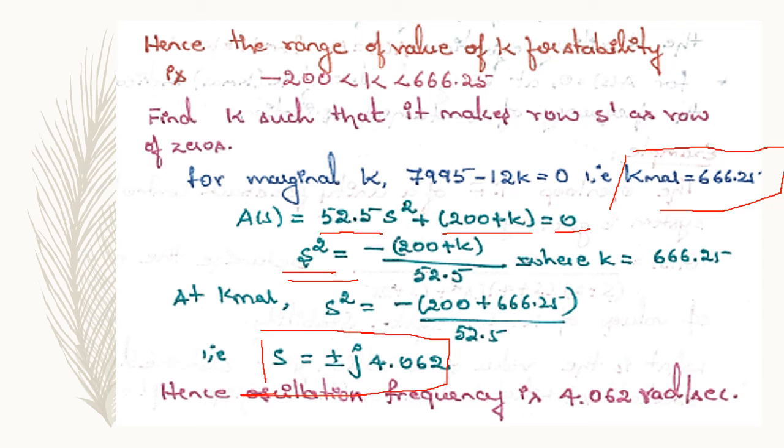As you can see, if there is a non-repeated complex root, then it is a marginally stable system. So this is one example of such a system. And where we got the auxiliary equation from: we need to consider when the row becomes 0. The previous row of 0 is nothing but the auxiliary equation.